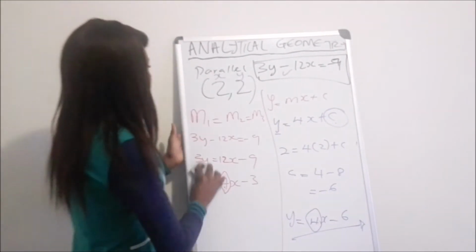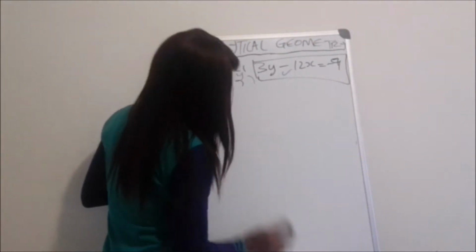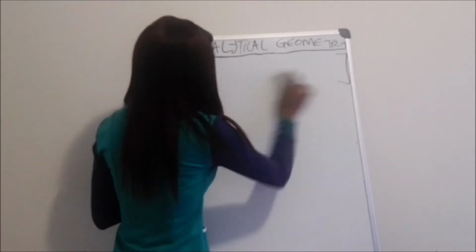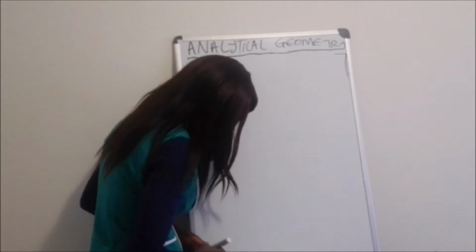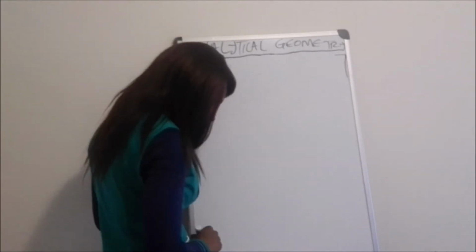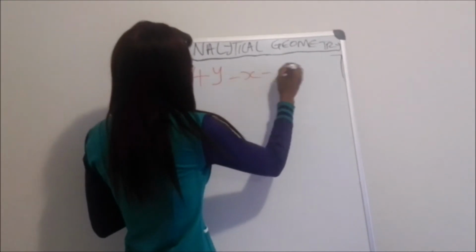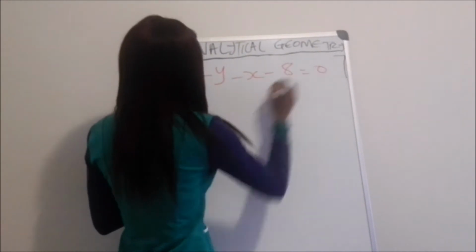All right, let's do another question. We are asked to find the equation of a straight line, given that it is perpendicular to the line which has an equation of 4y - x - 8 = 0.